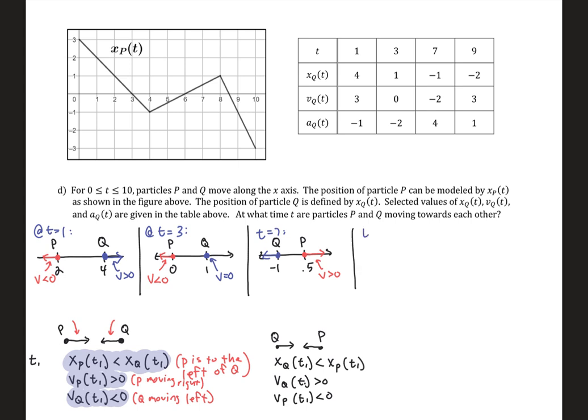So it must be the last one is the answer, but let's just test it. At t equals 9, the position of P is -1, and the position of Q is -2. So -2 is Q, -1 is P. At 9, the position's decreasing, so the velocity is negative, so P is going to the left.